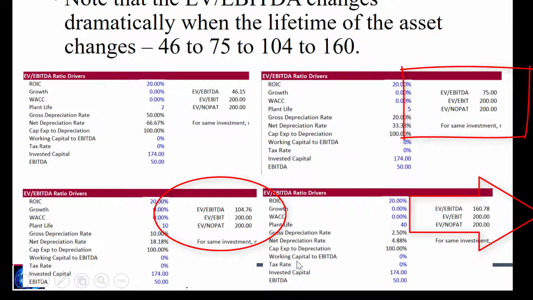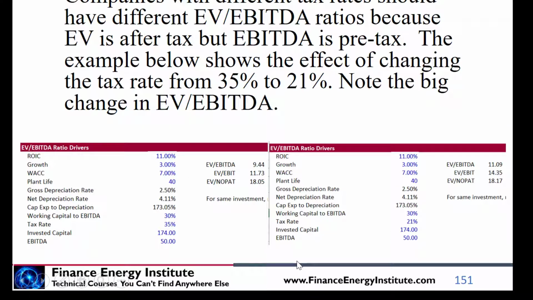Now you can see how all that works when you look at the other technical video. Tax rates: if you change the tax rate from 35 to 21%, you can see kind of how the EV to EBITDA changes here. The lower tax rate pushes it way up. If it's a forward PE ratio, the earnings are supposed to already reflect the taxes, and the PE ratio shouldn't really change, at least if you've got a forward PE.